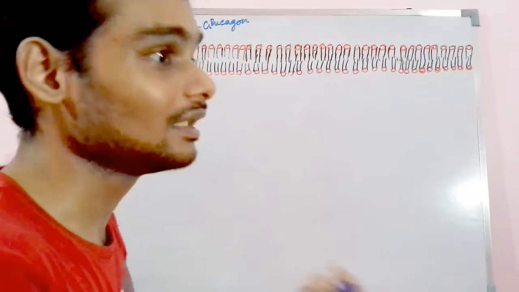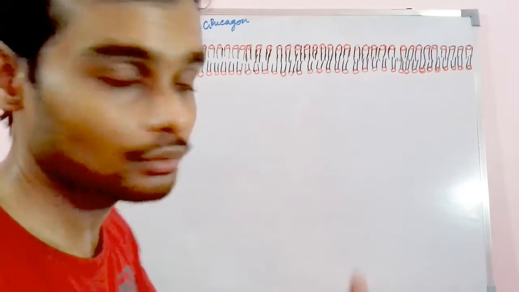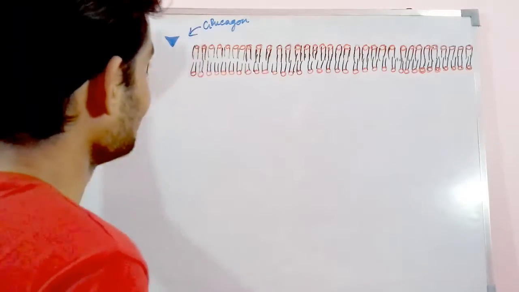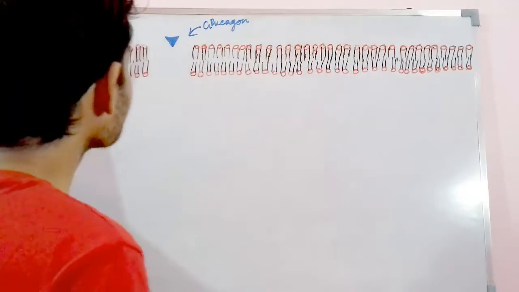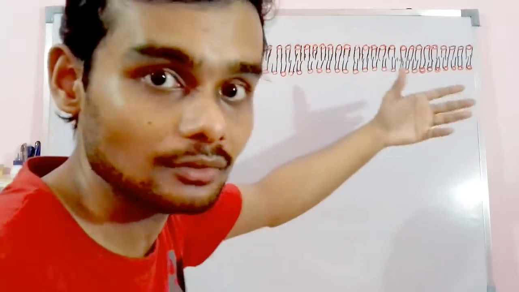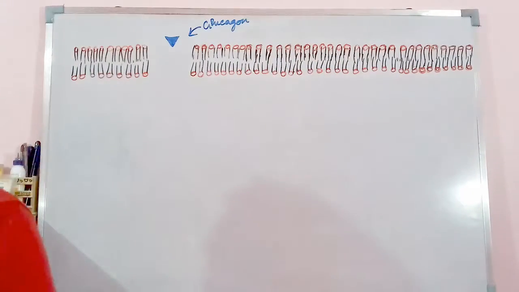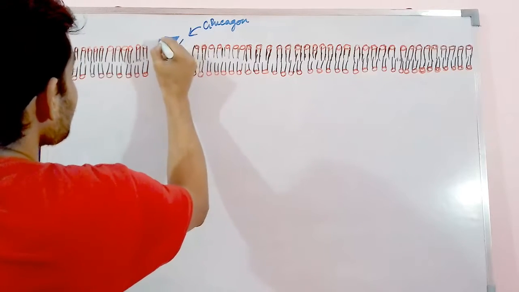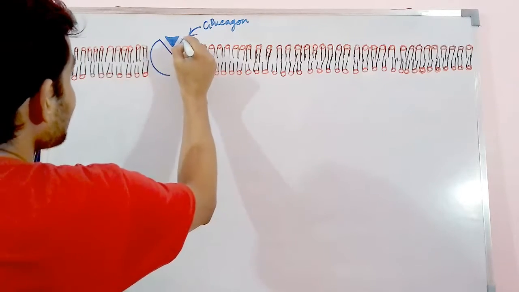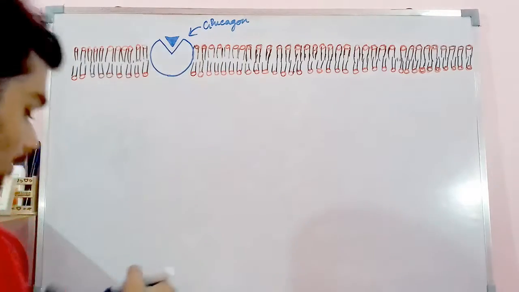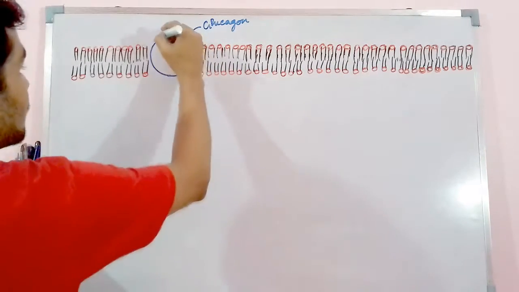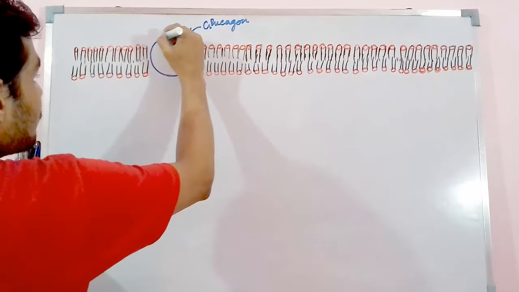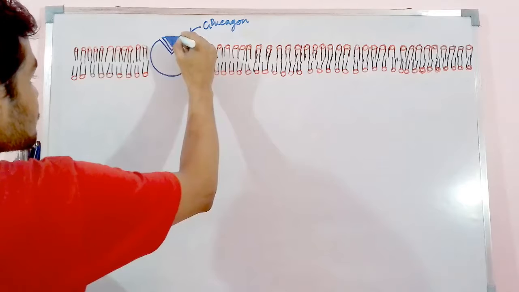the plasma membrane. The glucagon receptor is a kind of protein molecule which remains attached across the entire surface of the plasma membrane. So this is what the glucagon receptor looks like, and the glucagon hormone would gradually bind with this receptor.